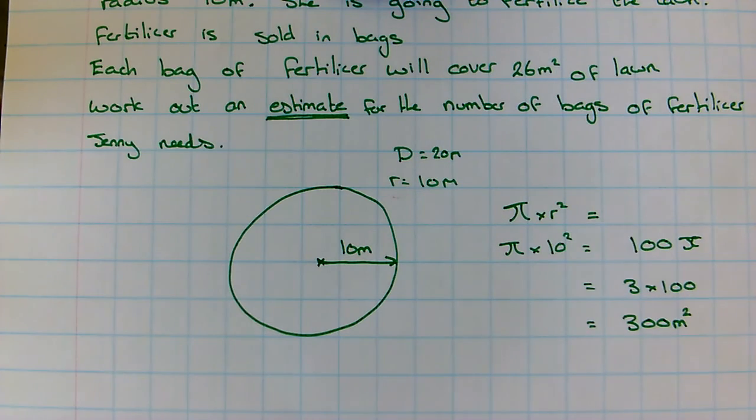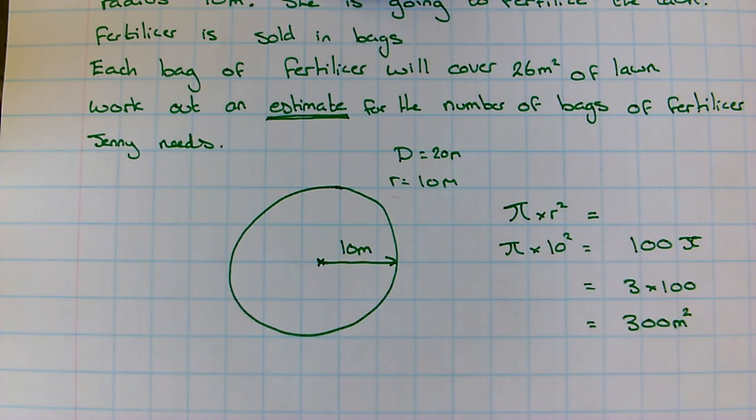And we need to work out how many bags Jenny needs, and each bag covers 26 metres squared. Well, 26 metres is not a nice number, so I'm going to round that as well, and I'm actually going to round it to 25 metres squared because it's very close to 26 and it's a nice number that will go into 300 easily.